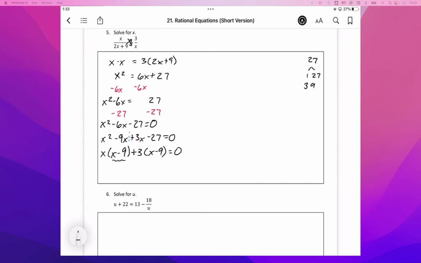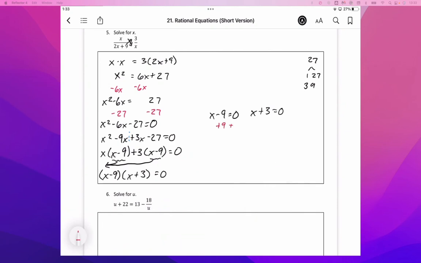The x minus 9s will pull out, and we're left with x plus 3. And so if either one of those is equal to 0, then the whole thing is equal to 0. So we know that x minus 9 is equal to 0 will give us a solution, and x plus 3 is equal to 0 will also give us a solution.